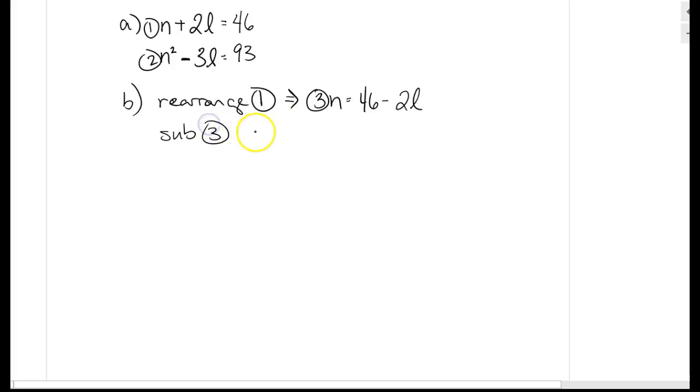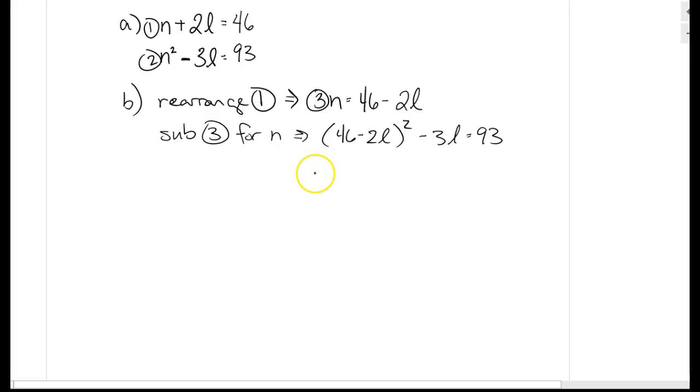So I'm going to sub in 3 for n. What that's going to look like is, in lieu of n squared, I'm going to have (46 minus 2l) squared minus 3l equals 93. And I'm going to solve for l from here.